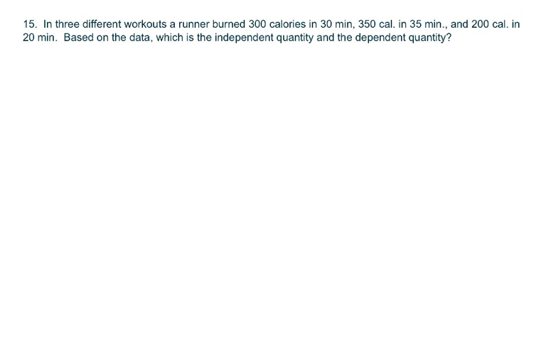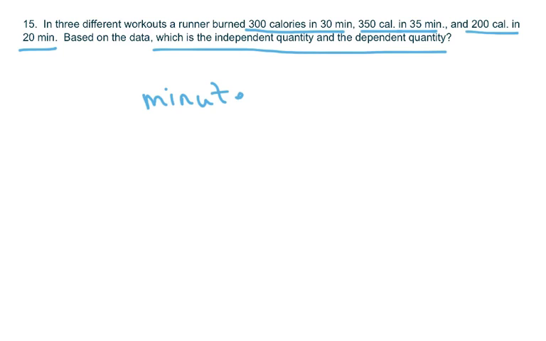It gives you the answers to this, and I didn't write them down, so you might want to read them. But let's just talk about independent and dependent. They're talking about burning calories in so many minutes at 3 different times. So we always know that the minutes, the time, is independent. So how many minutes equals your independent quantity.